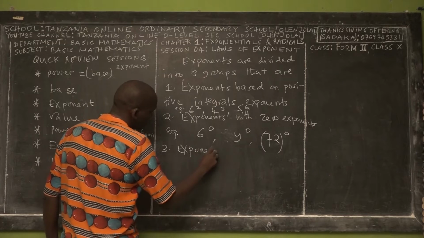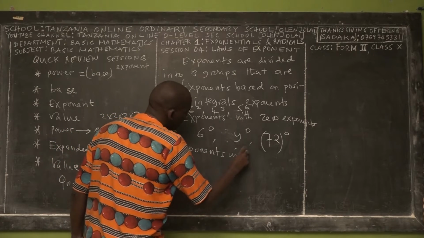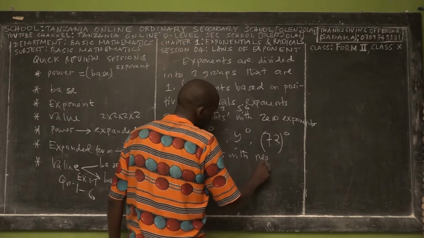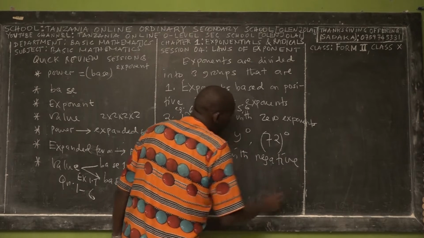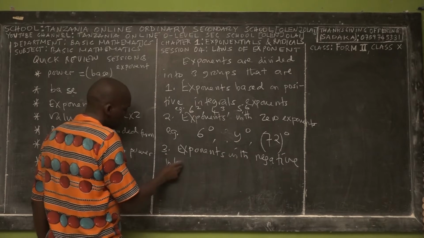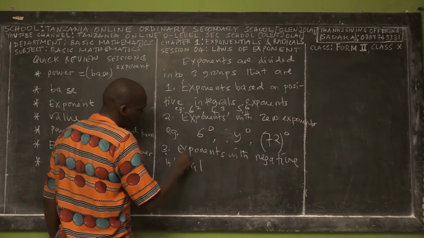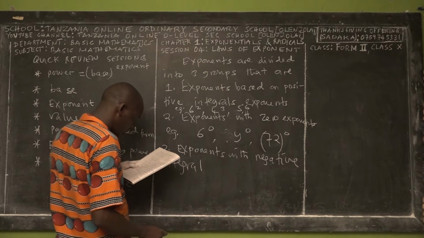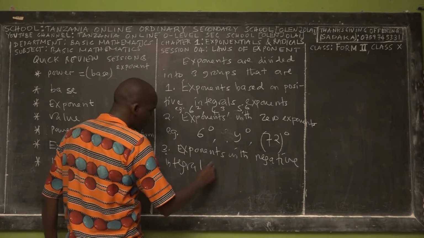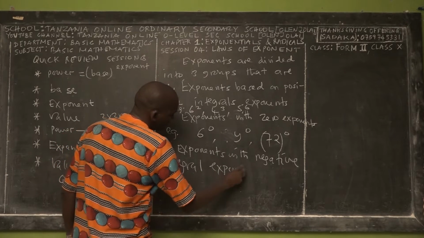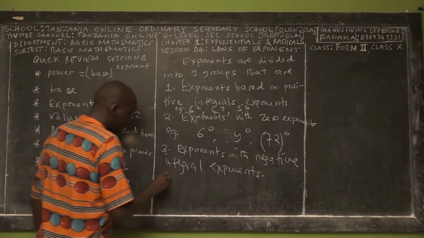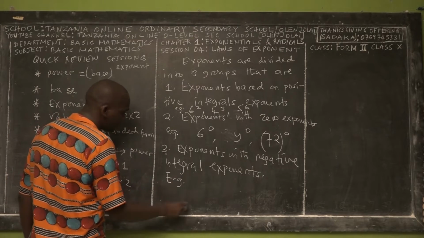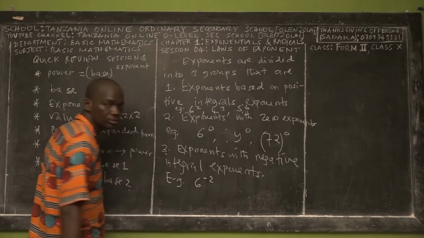Exponents with negative integrals. We haven't discussed this part. Negative integrals means negative integral exponents. So what do we mean? Example of this category, we have 6 power negative 2.